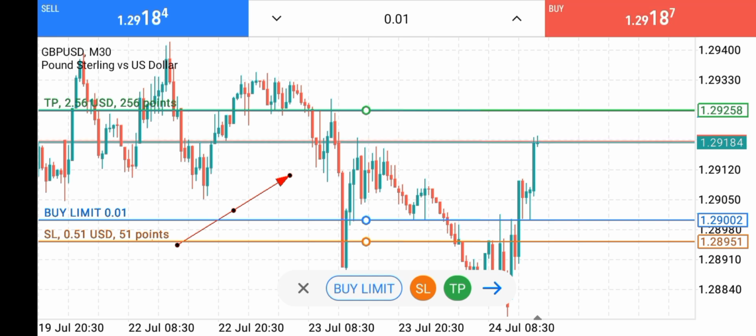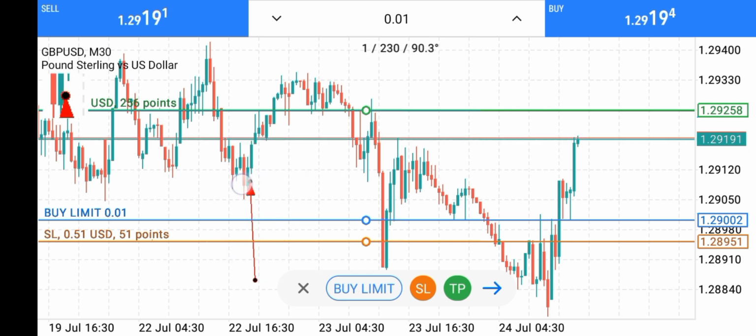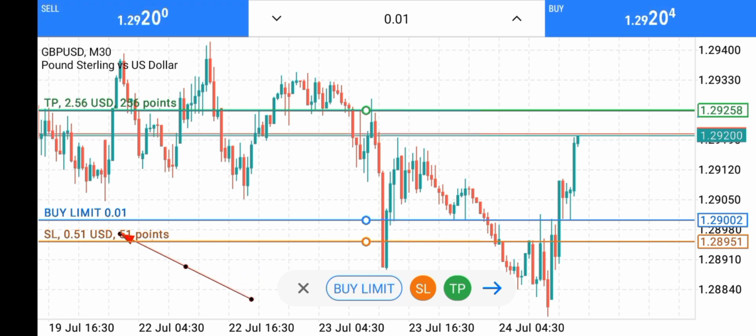So guys, as you can see right here, now I'm trying to teach you how your lot size actually affects the amount of profit you make, and also the amount of loss you make. So guys, this is it. Remember what I said.